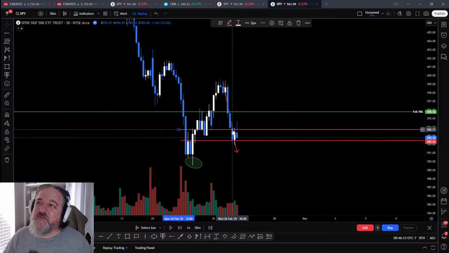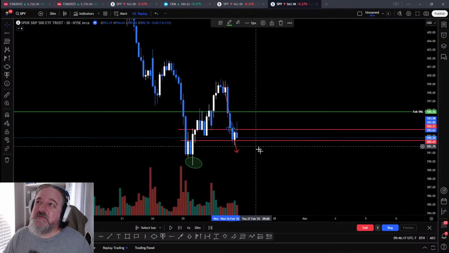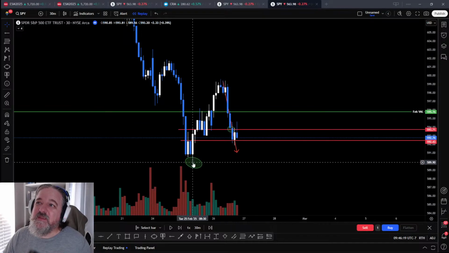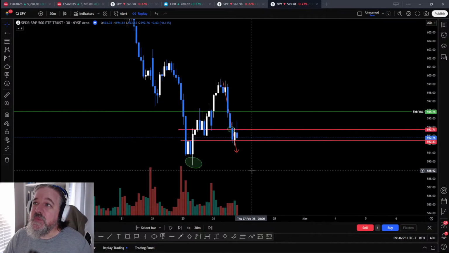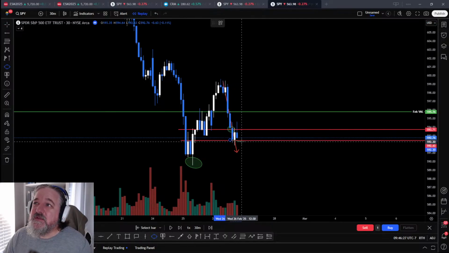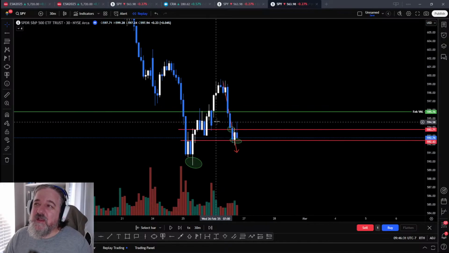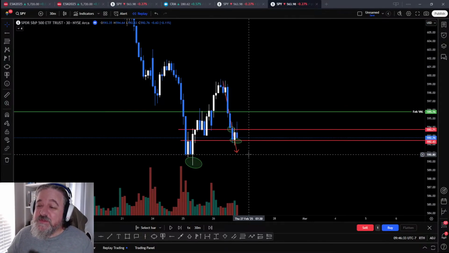This would not be a terrible spot to close your trade, right? Because there's a chance that we bounce from here because we have this strong low. Again, saying close here, you're not wrong in either scenario. It's just how much risk you're willing to accept on your trade.